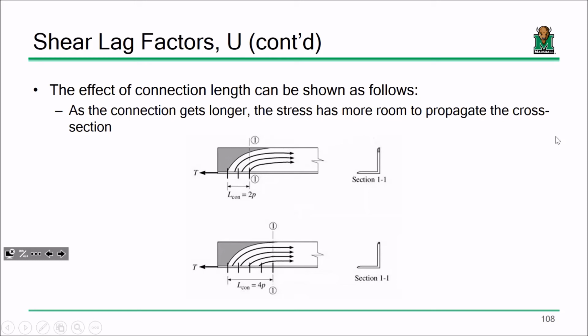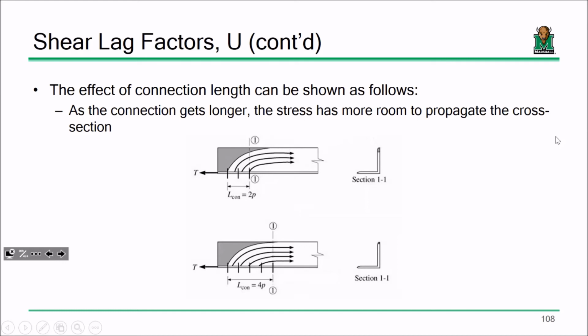Remember, when we samurai sword or lightsaber, we're doing that through the lead line, right? So for this upper connection and this lower connection all the way over here, look at the difference between them. This one has a longer connection length, so those stresses have had more room to propagate. In other words, more of the section is effective, right?